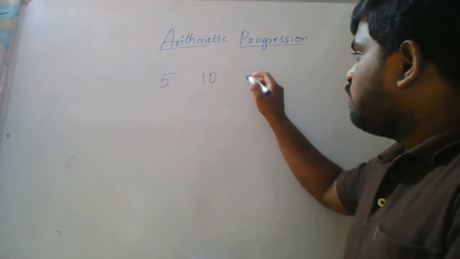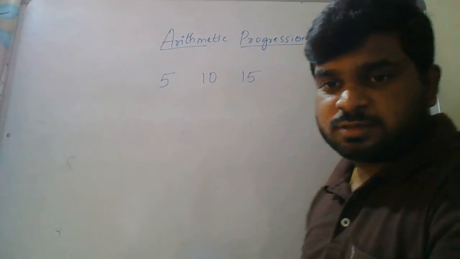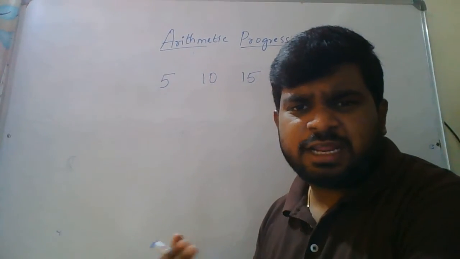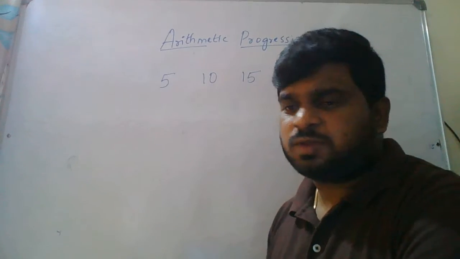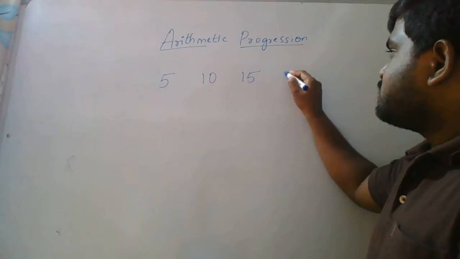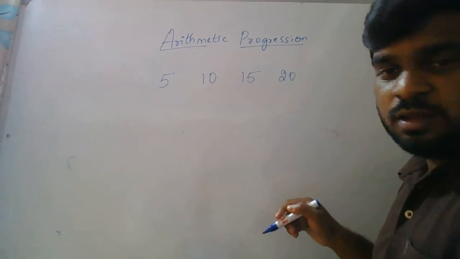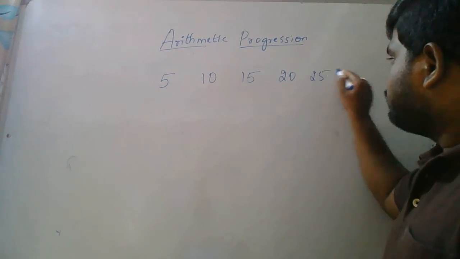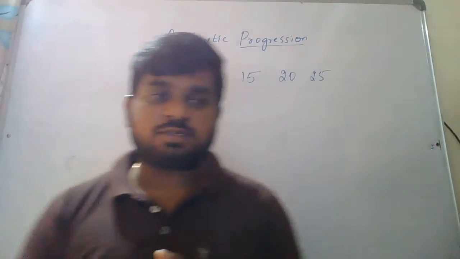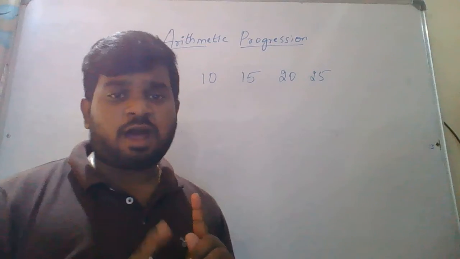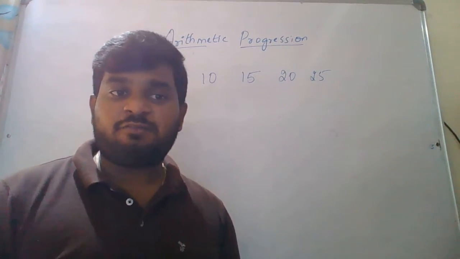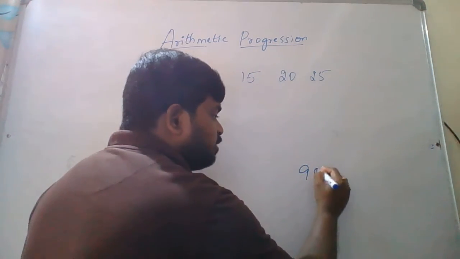The third day he is going to give you 15 rupees. That is basically increasing 5 rupees every day. Okay. Fourth day obviously 20 rupees. Fifth day 25. Now I'm very curious. What will be the amount that my dad will give me on the 98th day?